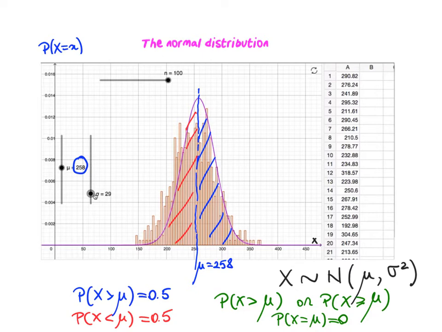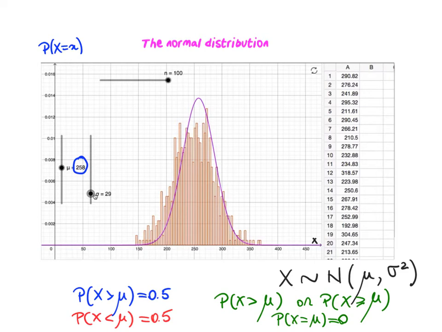You have infinitely many numbers that can represent your height because it's continuous. So you'll have 1 over something very, very big, which is infinity, so the probability will be 0. That's why in the case of a normal distribution, it doesn't matter if we put bigger, bigger or equal, smaller, smaller or equal, because the probability at each point is 0.